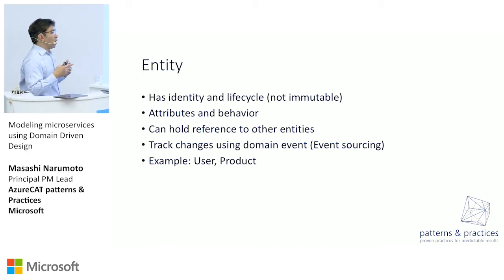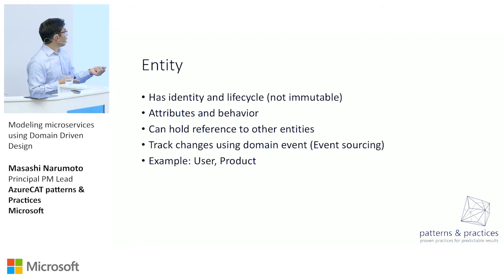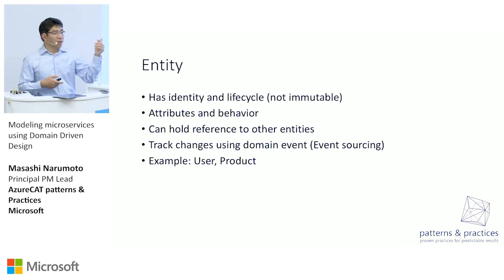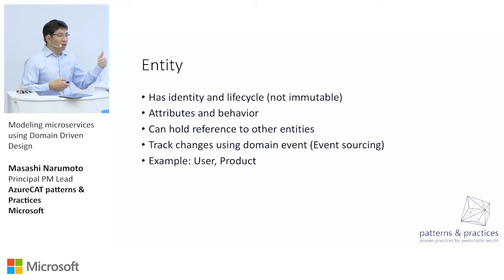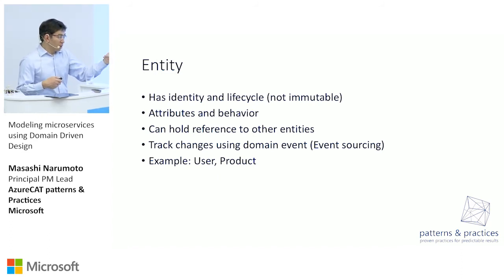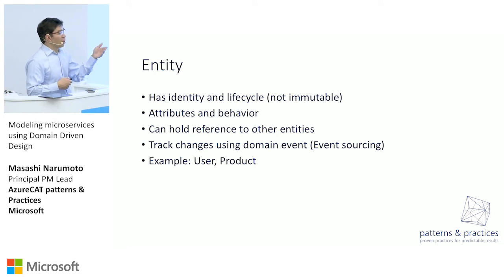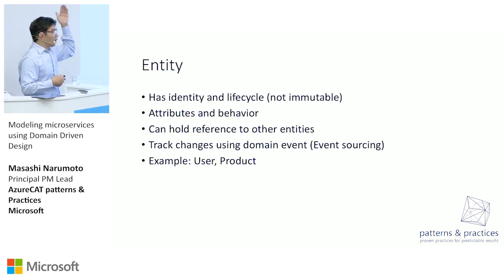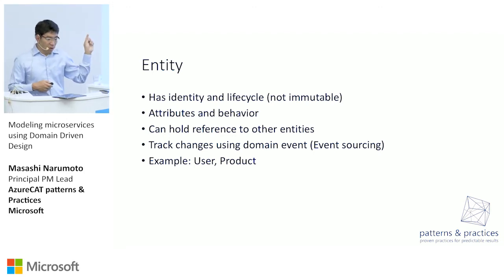And if you have to have a relation between entities, you can have a reference going to that entity, and you can track changes happening on that entity using the event sourcing pattern, meaning you can keep firing the history of the change as an event, and store that event somewhere so that you can see that history. An example of an entity could be user or product.